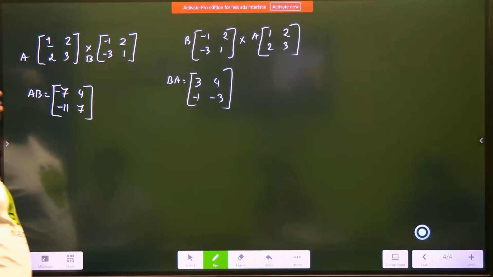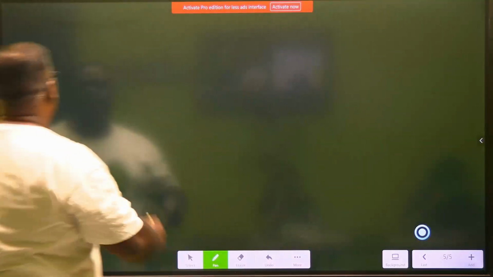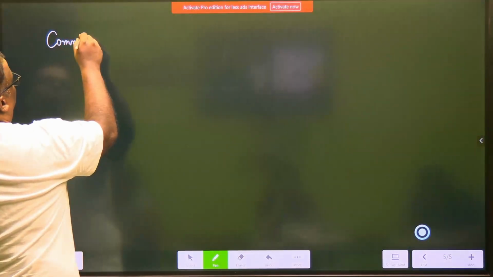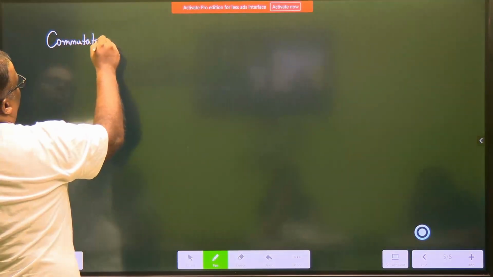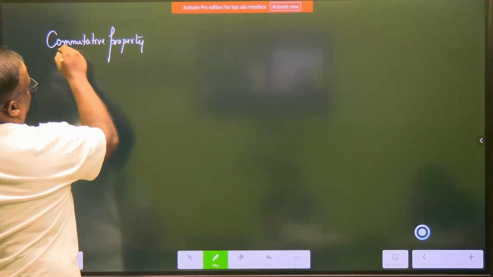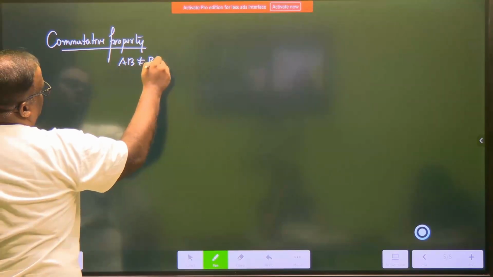Understood? So we will see what the properties of matrix multiplication are. Now tell me, children, commutative property. Are we clear on this or not? Commutative property says AB need not be equal to BA.